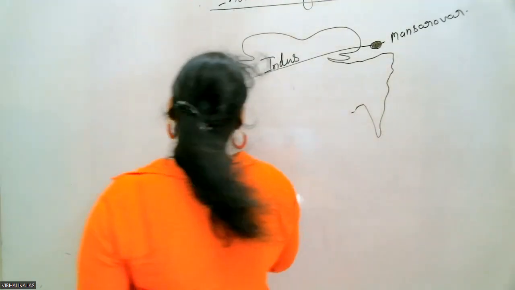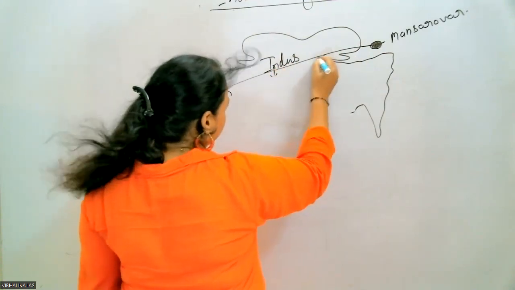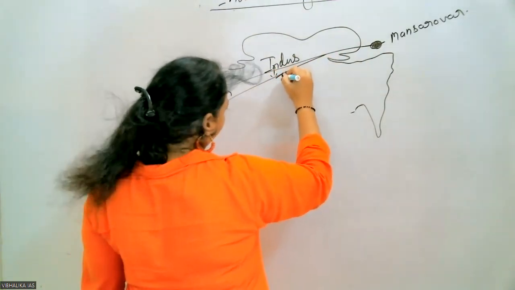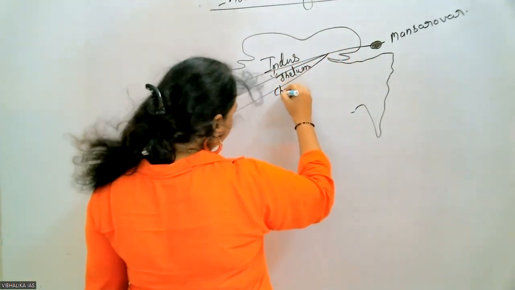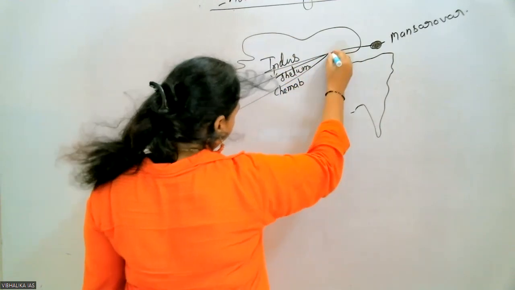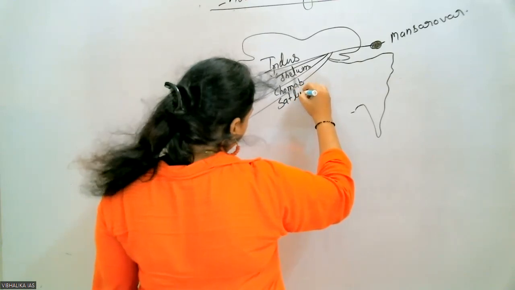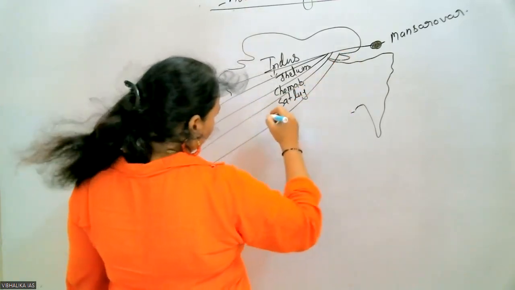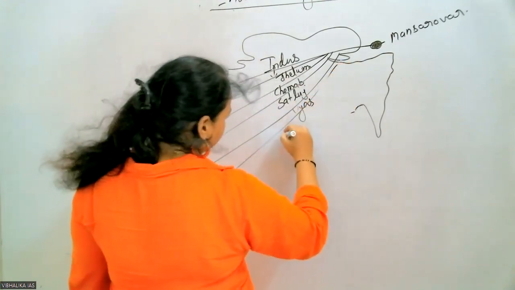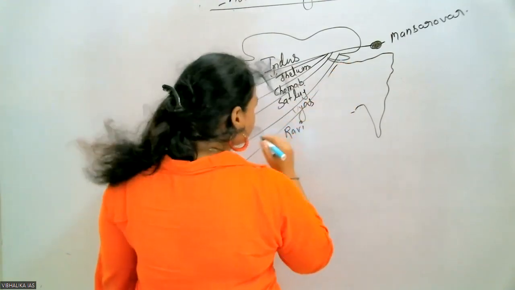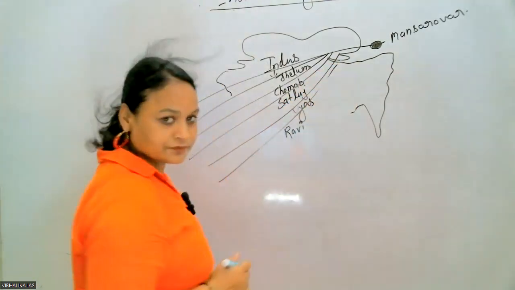You know, students, that its tributaries are Indus, Jhelum, Chenab, Satluj, Vyas, and Ravi. So, students, when was this civilization found, right?